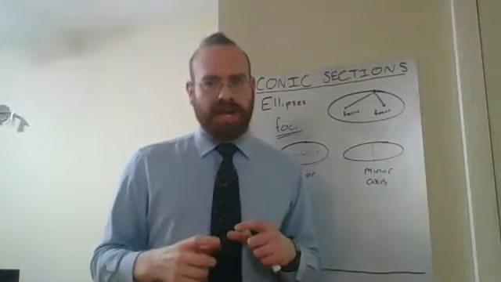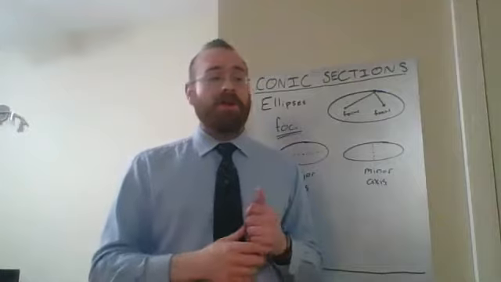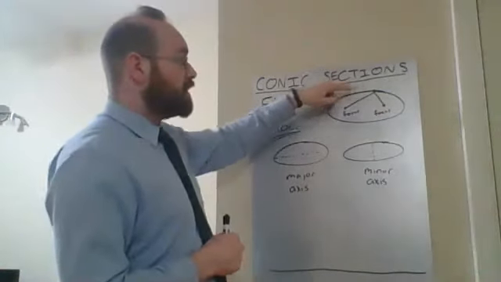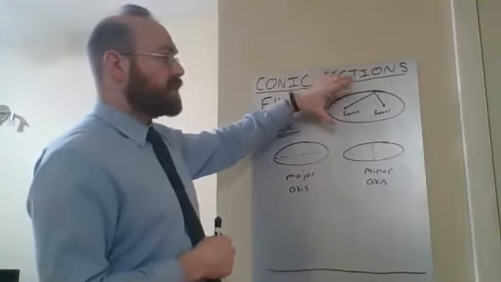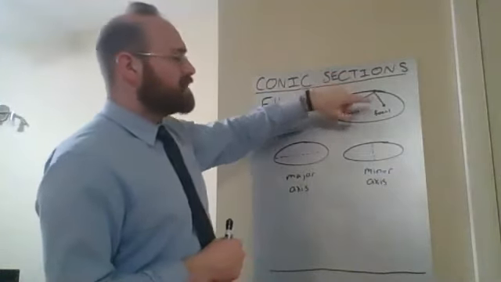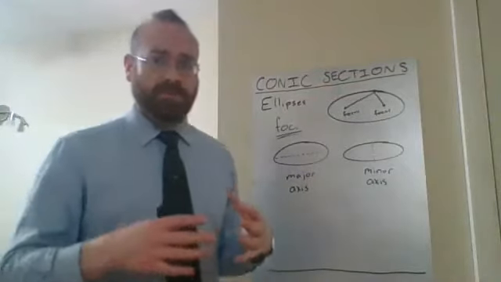That number will change, or at least may change, from ellipse to ellipse. But for the same ellipse, all of these points along the, for lack of a better word, the circumference of this shape, have the same sum of the distances to the two focus points.